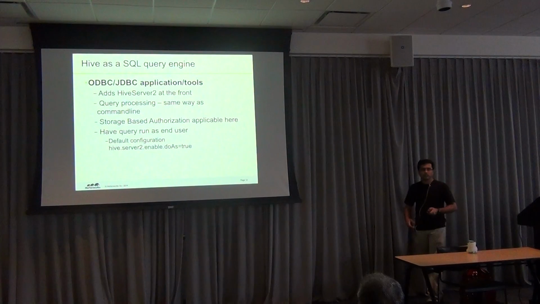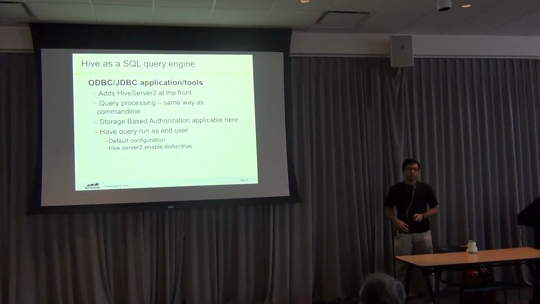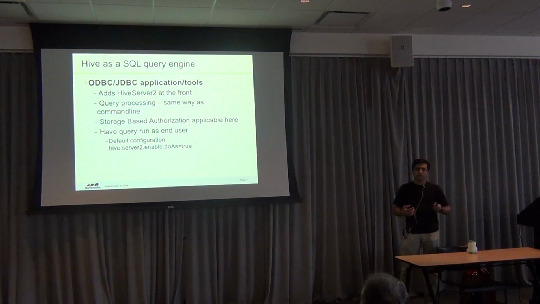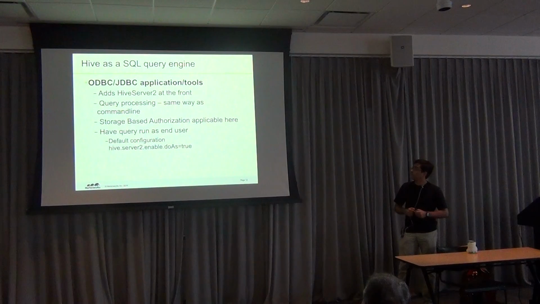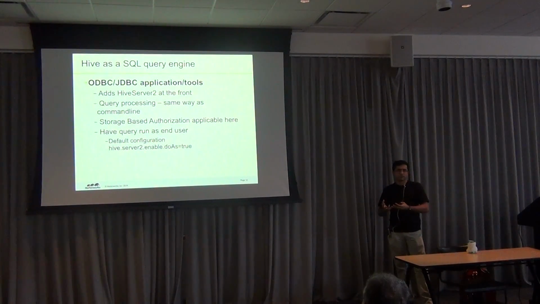And the second common way you run SQL queries using Hive is using an ODBC or JDBC application or tool. In this case, you have one additional component, which is Hive Server 2. That's what your ODBC or JDBC driver talks to. What Hive Server 2 does is not very different from what the Hive command line does.